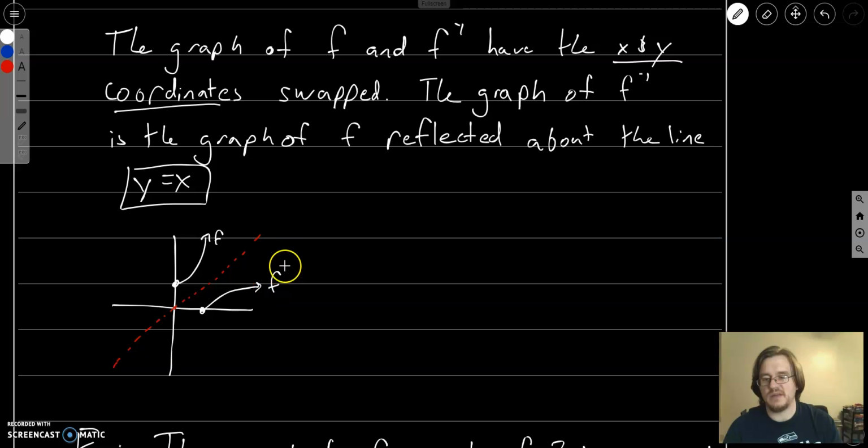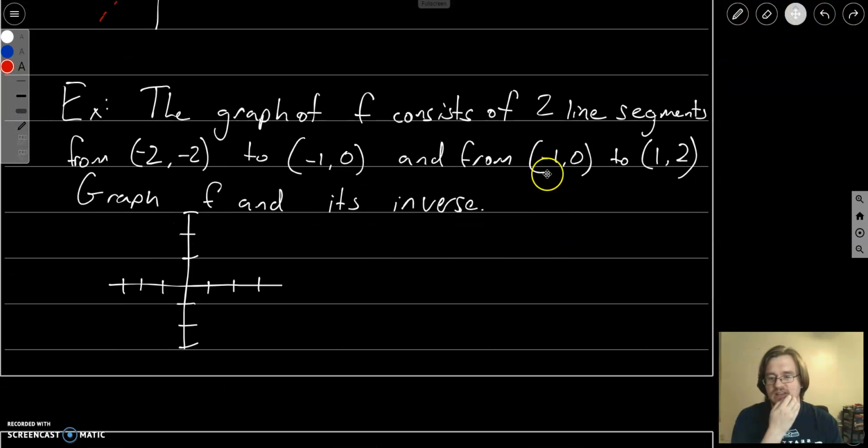So this would be the graph of f inverse. Also, just as an aside, this function does have an inverse because if I ever draw a horizontal line through it, it only intersects it once. So we just swap our x and y coordinates, and we've got the graph of f inverse. So this makes it kind of nice.